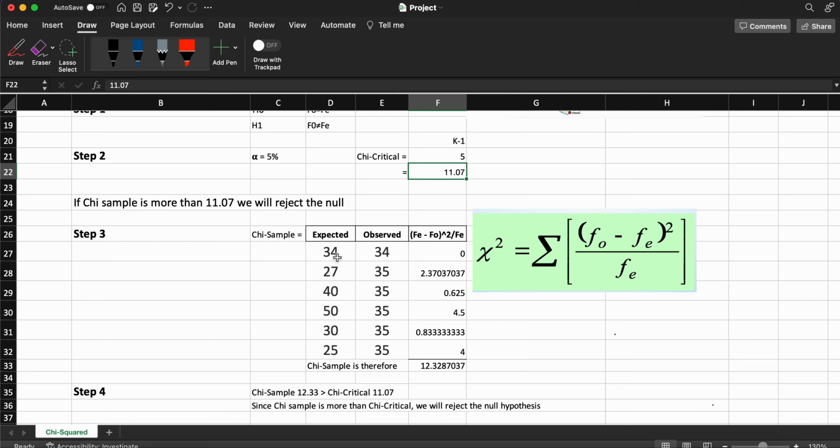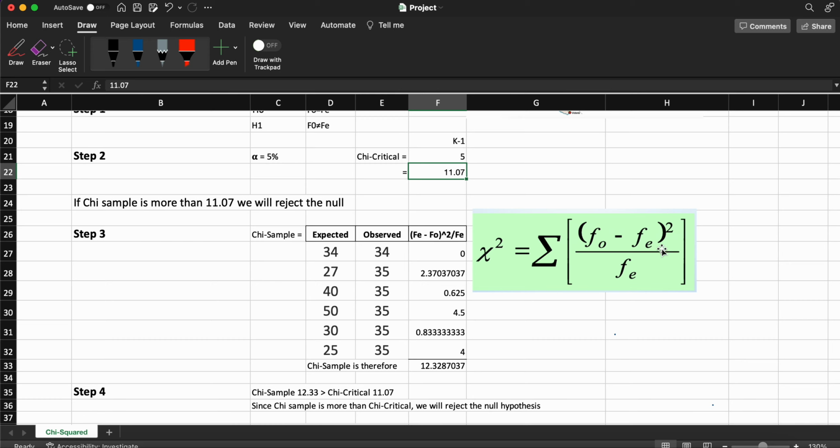And it doesn't matter which you place first, like if you do expected minus observed or observed minus expected, because if it ends up being a negative value because you did it backwards, you'd be squaring it, and so it'd be positive anyways.